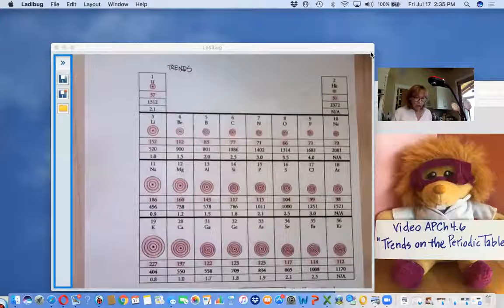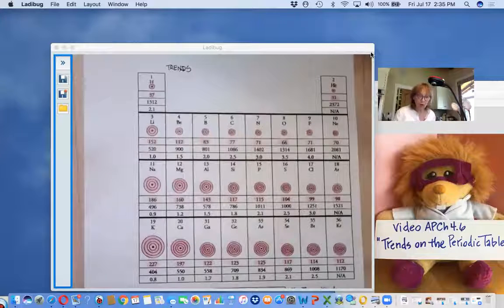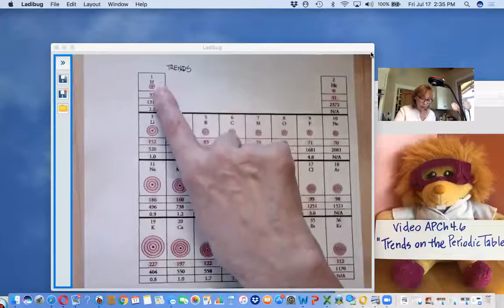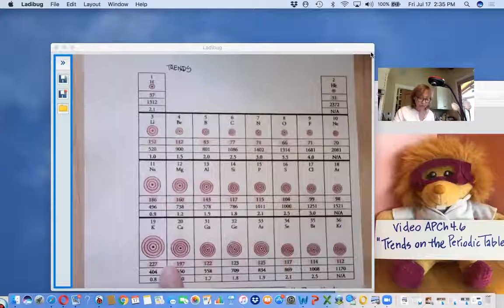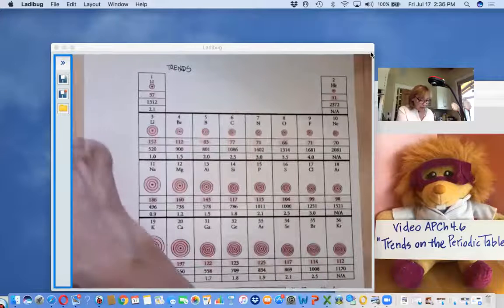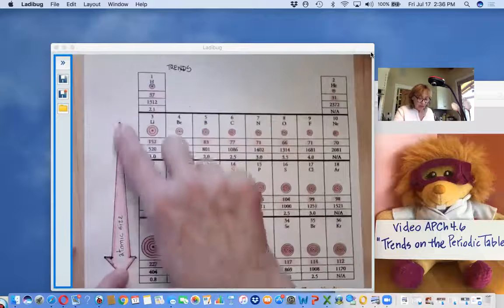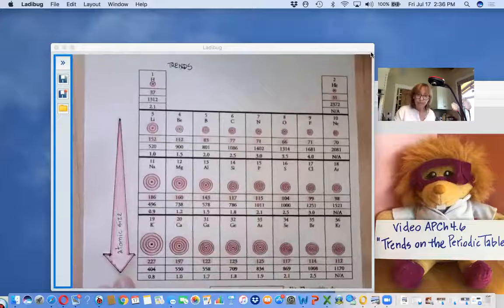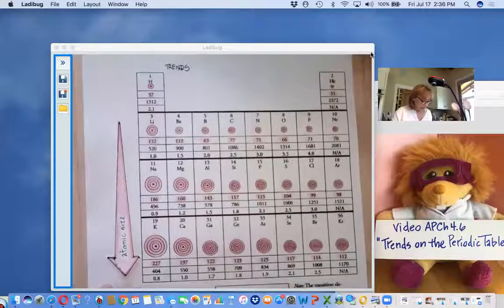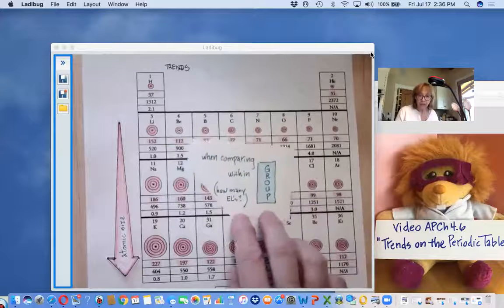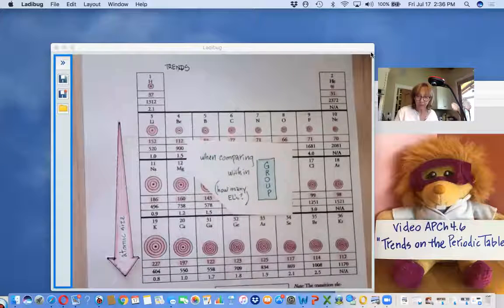So what you can probably see as you're coloring is, first of all, within a group, a vertical column or a family, atomic size gets larger as you go down the periodic table. So that trend, size increasing as you go down the table, is really all about how many energy levels the atoms have.